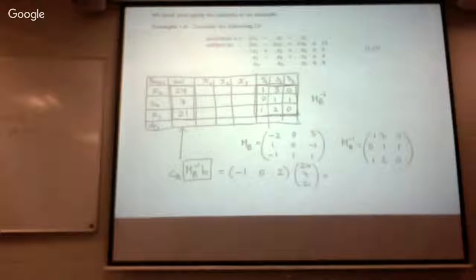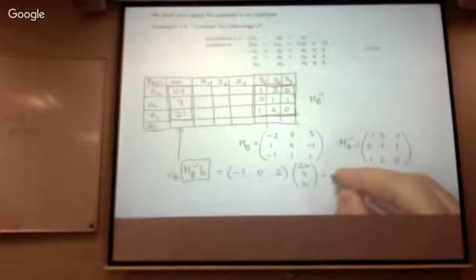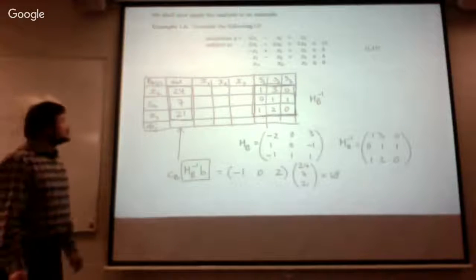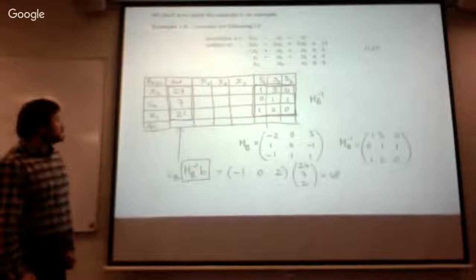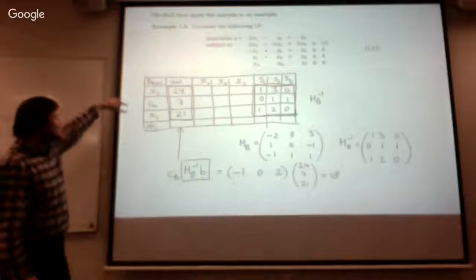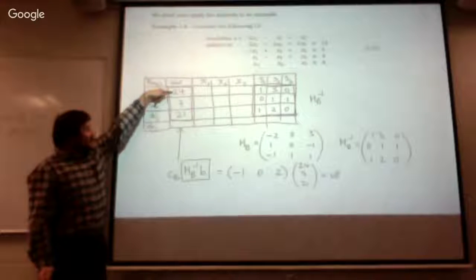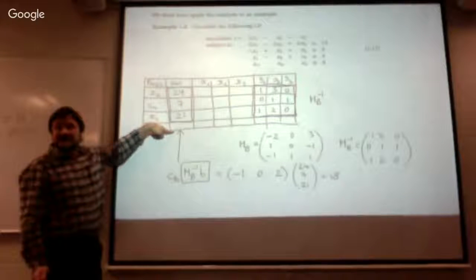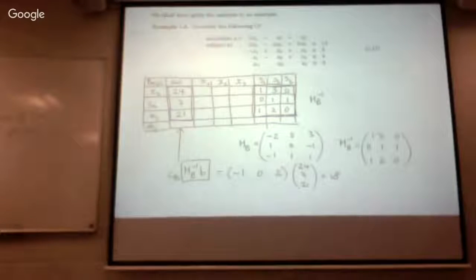So what do I get? 18? Yeah, I think I get 18. And that is because, basically what it says is take -1 times this, 0 times this, 2 times this, add them all together, get 18.